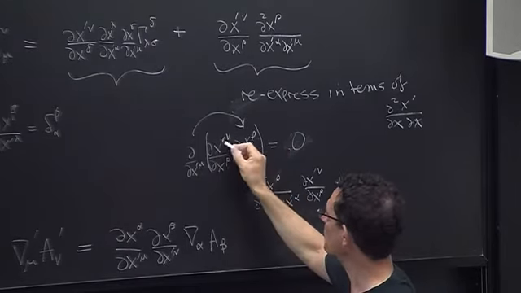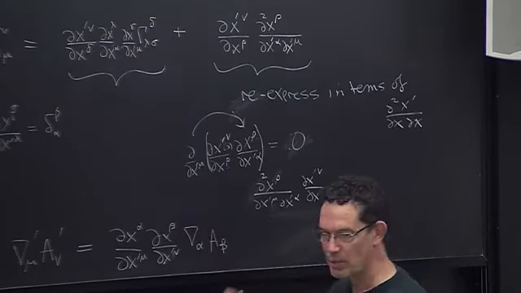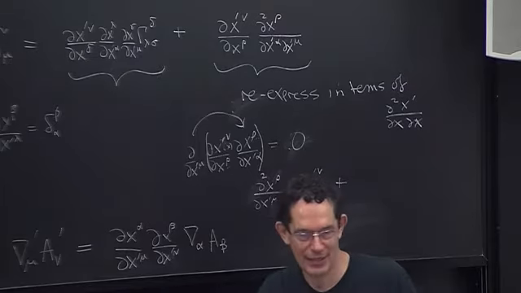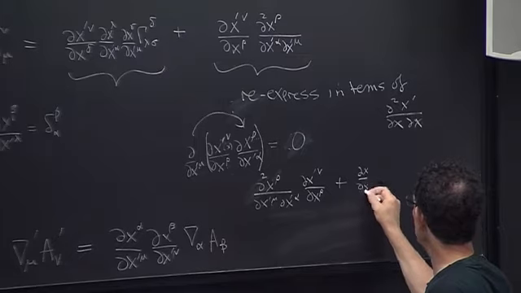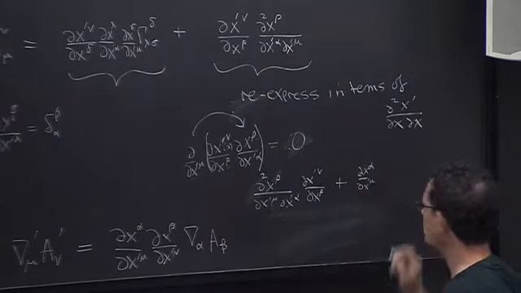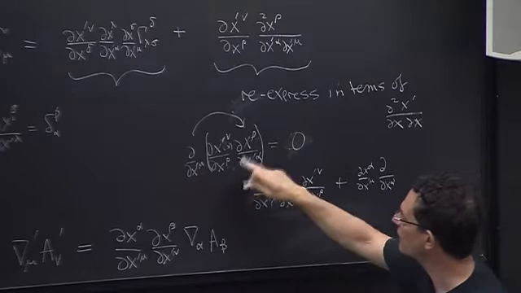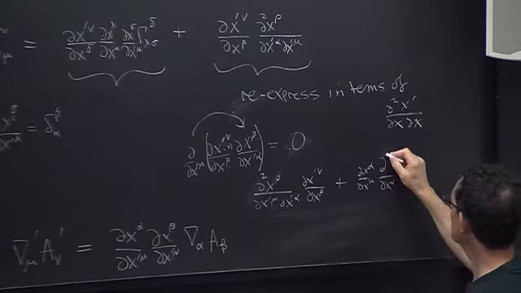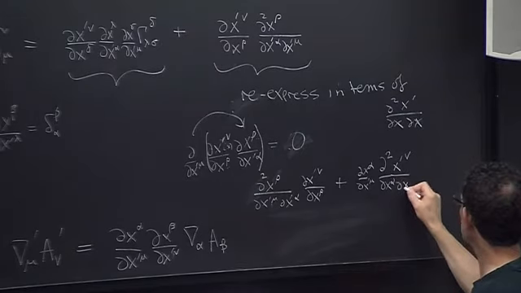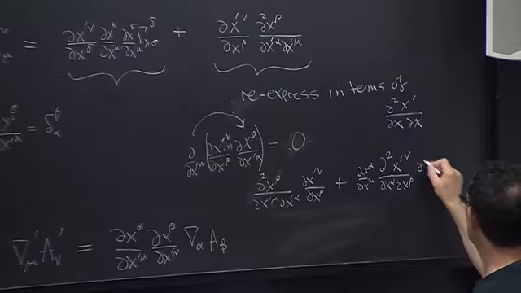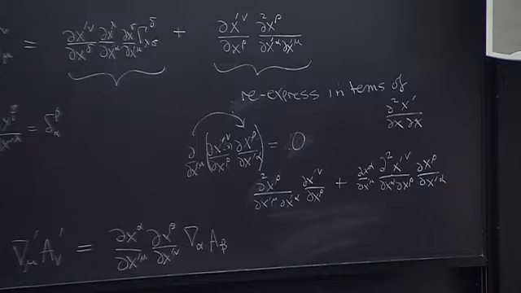The second term: now here I've got to differentiate d by dx of something. So I should think about x prime as a function of x, but that means this d by dx prime I should re-express in terms of d by dx. So I write it as dx dx prime mu, and then d by dx alpha of this, which is basically d2x prime nu dx rho dx rho dx prime alpha.